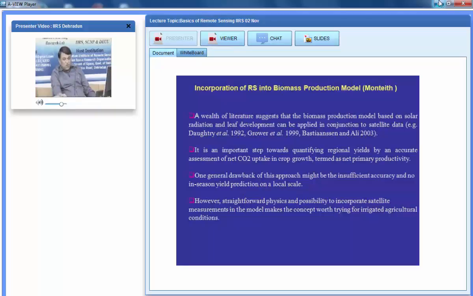The general drawback of this approach is that it does not give you a within-season estimate of the crop, so it cannot be used for crop yield forecasting, but definitely it gives yield estimation. But it is simple physics, and with the availability of satellite data and a few meteorological data, one can implement this kind of approach for yield estimation.